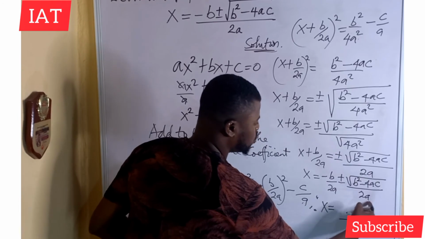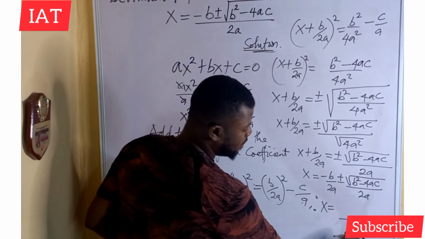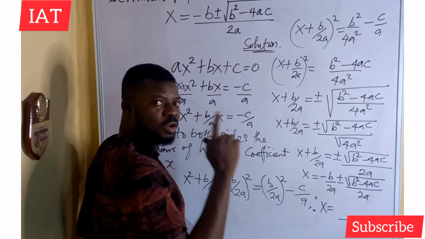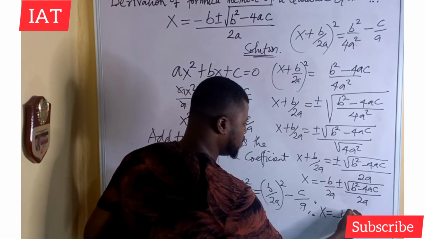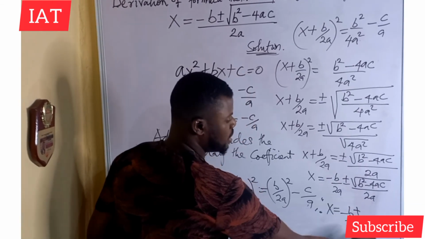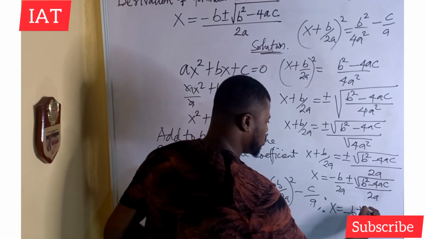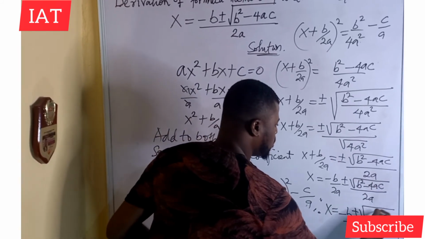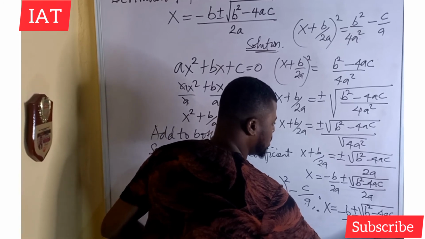The LCM of 2a and 2a is 2a. Now watch, 2a divided by 2a will be 1, and that 1 multiplied by minus b will give us minus b. Bring down this plus or minus. 2a divided by 2a again is 1, and 1 times the square root of b squared will just give you the square root of the same thing, b squared minus 4ac.